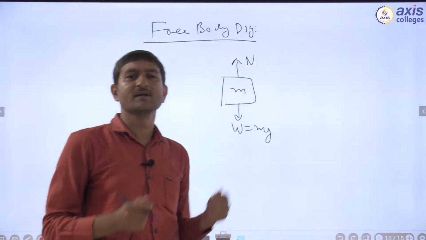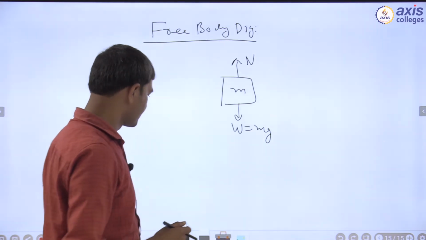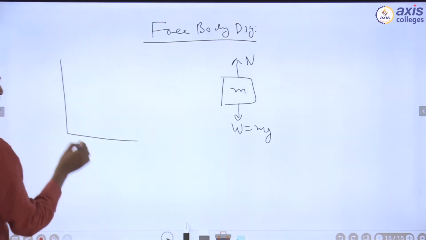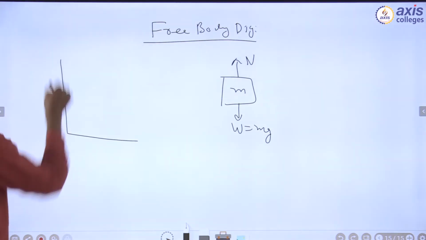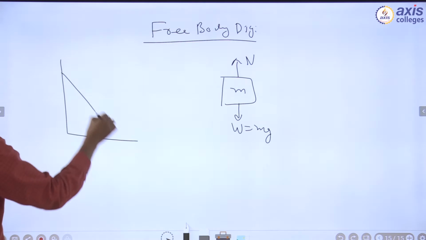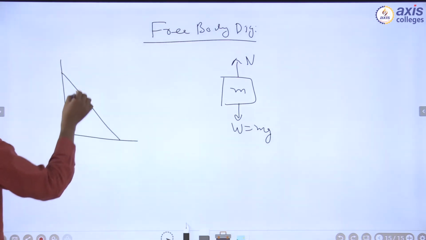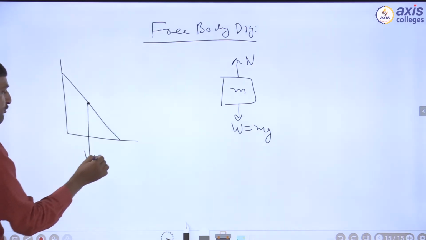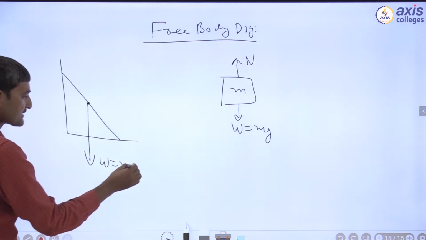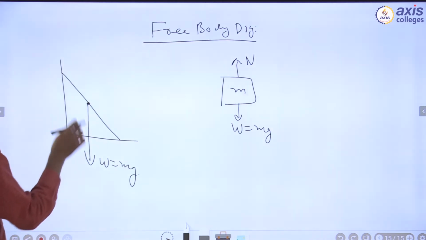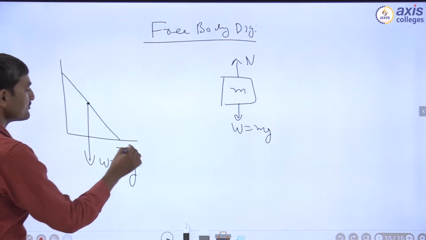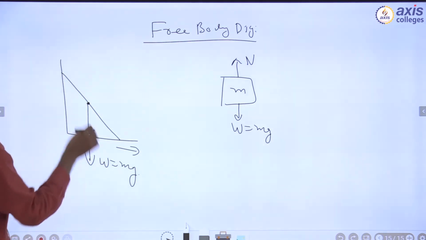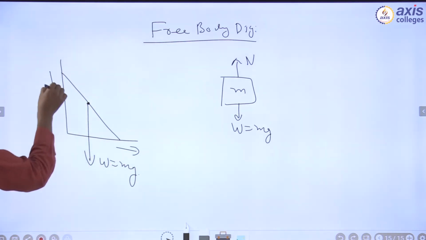Let us take another example of a free body diagram. Suppose this is the floor and this is the wall and there is a ladder. In this example, this is the center of mass of the ladder, this is the weight, let us say mg, and in the situation if it is moving in this direction, then this will move in this direction, it will fall downwards.